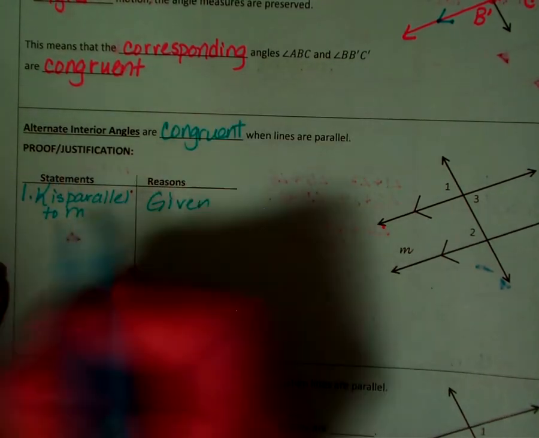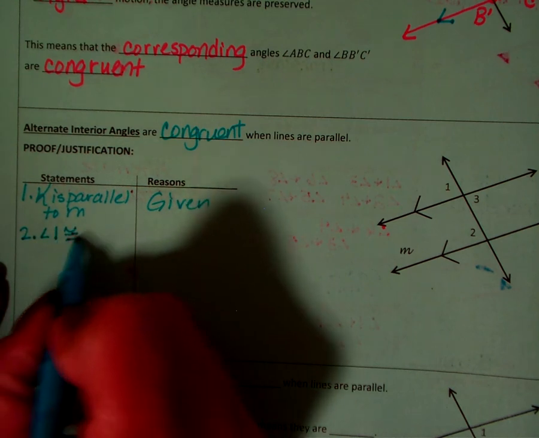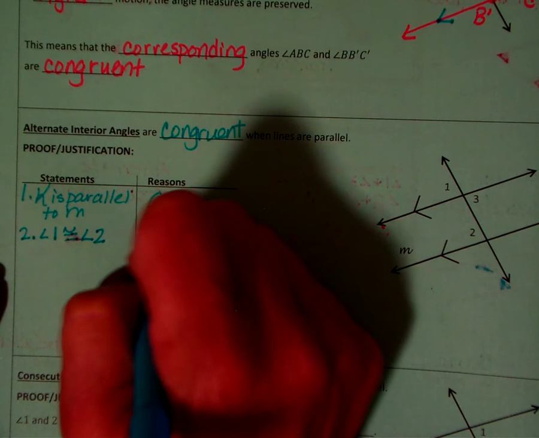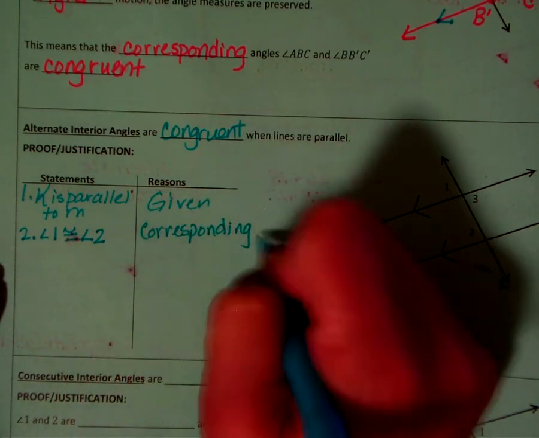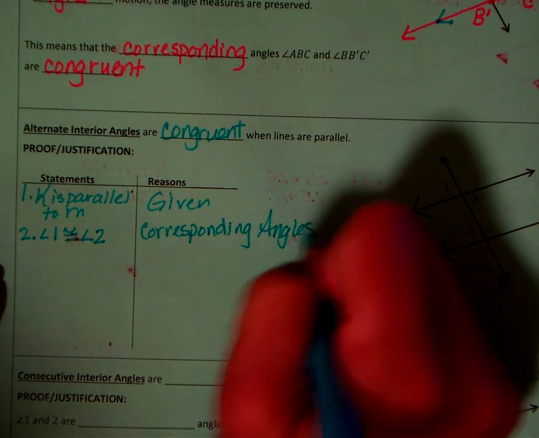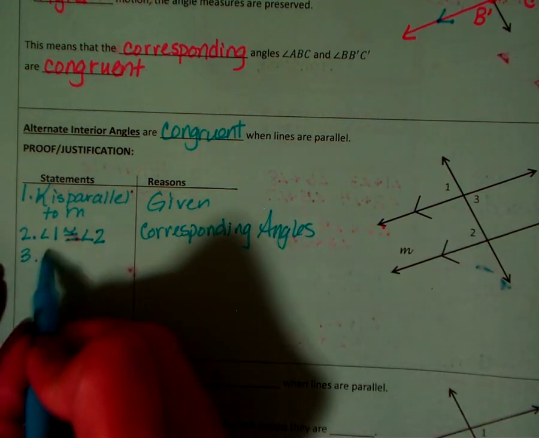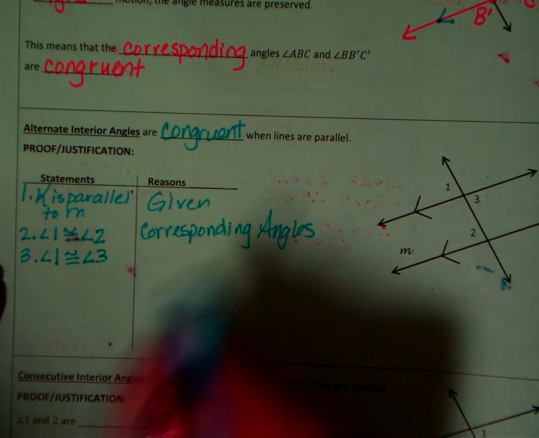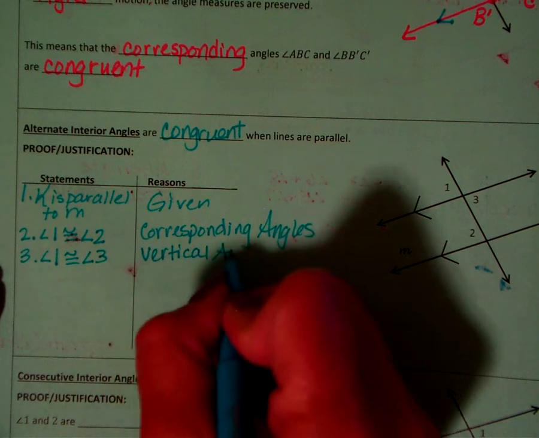Okay. Next thing we can say is angle 1 is congruent to angle 2 because corresponding angles. We can also say angle 1 is congruent to angle 3 because of our vertical angles theorem.